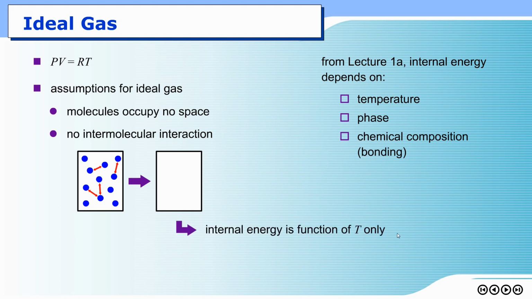This is the very important consequence of these two assumptions. You have to memorize that whenever you assume gas to be ideal gas, the internal energy of your gas is a function of temperature only.